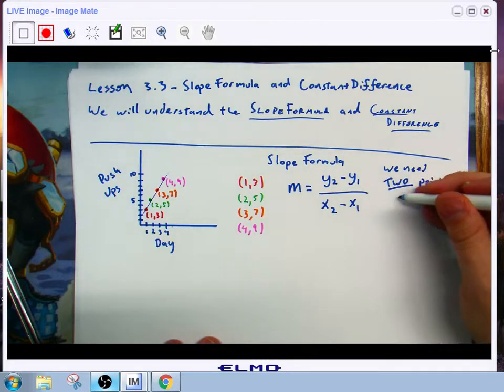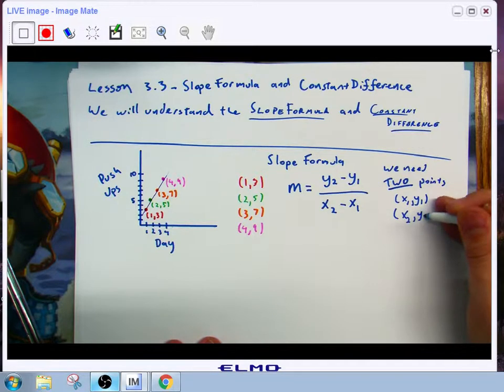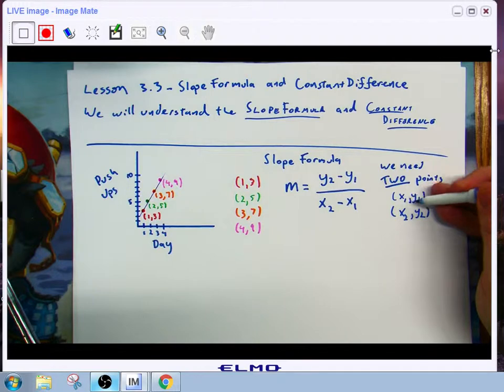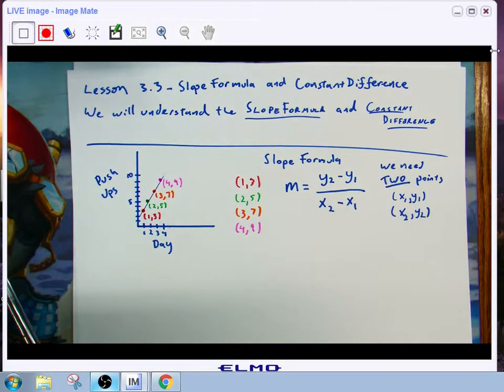One point we're going to call x1, y1. The other point we're going to call x2, y2. Those little subscripts, the 1 just means that's the first point, and the 2 means that's a second point. That's all it means. As long as we have 2 points, we can figure out the slope.